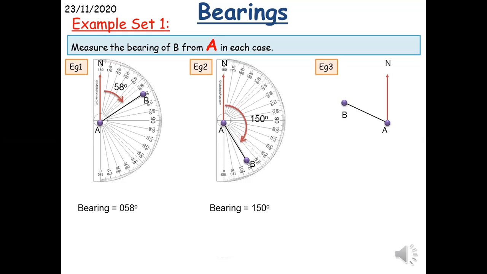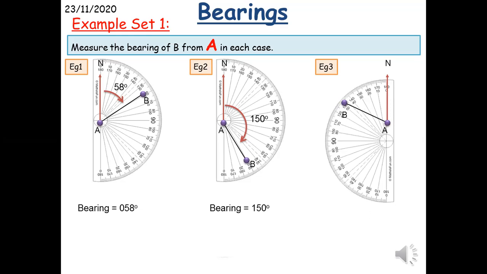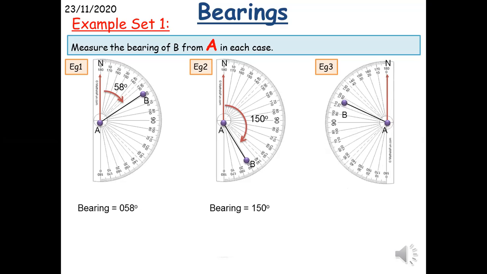Okay, this one might be a little bit tricky. Why? If I put the center of the protractor on point A, this angle is more than 180, and the protractor ends at 180. So how can I solve this? I will measure the anti-clockwise angle, but this is not going to be my answer.